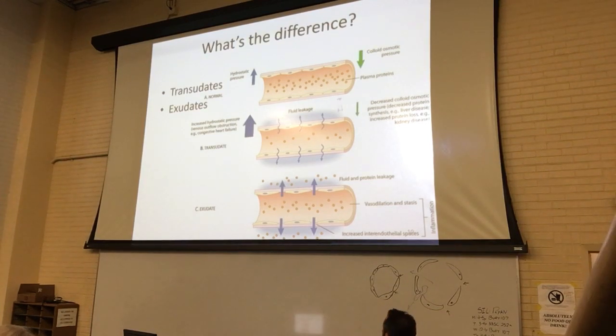You guys with me? So here you're seeing the gap between the cells right here, and you've got fluid leaking out. This fluid leaking out is because you've got an increase in hydrostatic pressure. What that means is the pressure inside of the tube is greater than the pressure outside of the tube because of the heart, even on the venule side, right? So pressure on the beating side of the heart, or when the heart cycles, the pressure is at about what?